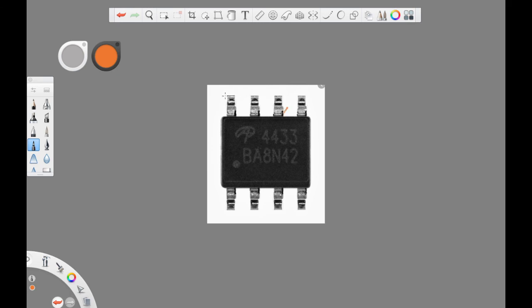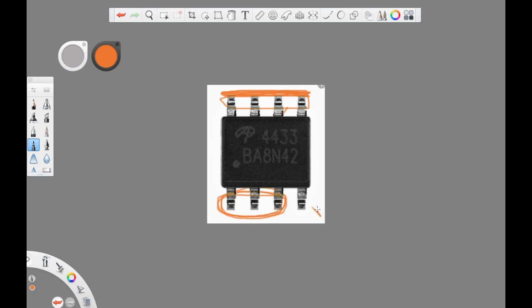So these four pins, guys, are all connected together. It's just one thing. I don't know why they separate them like this, but it's just one thing. Then these three here are all connected together.